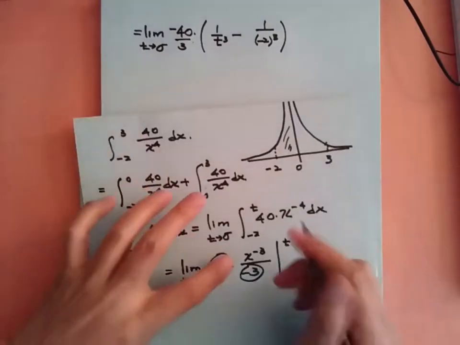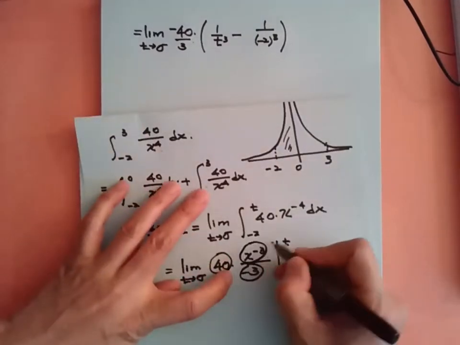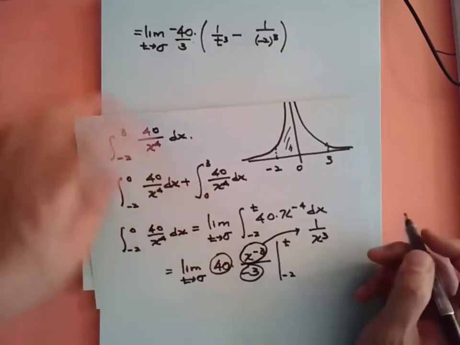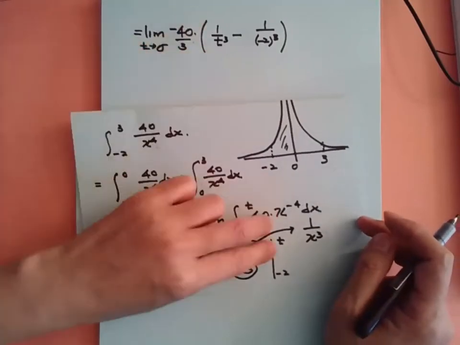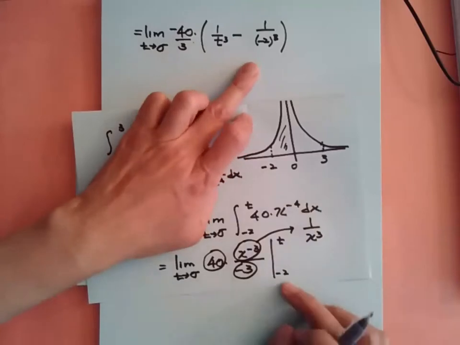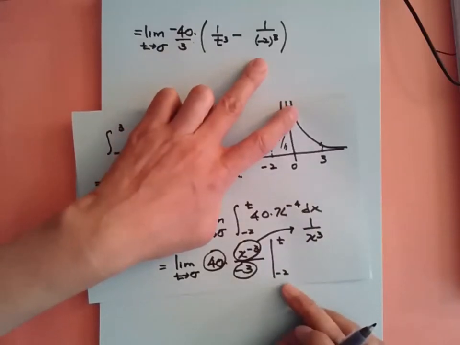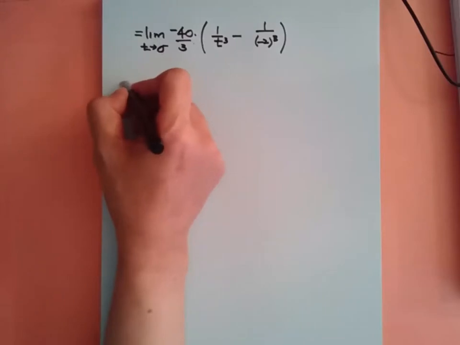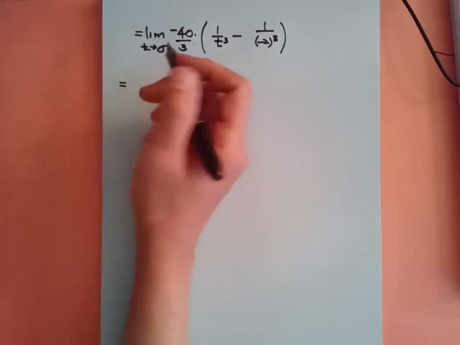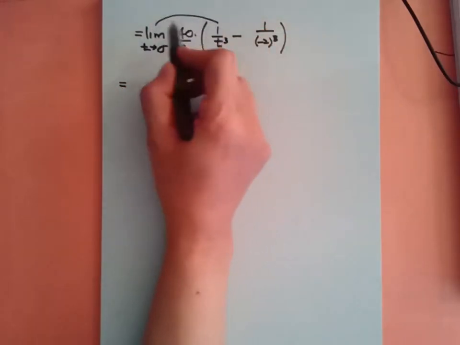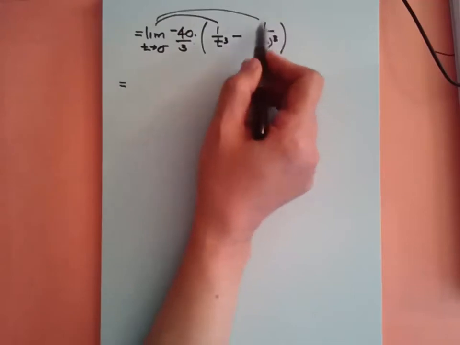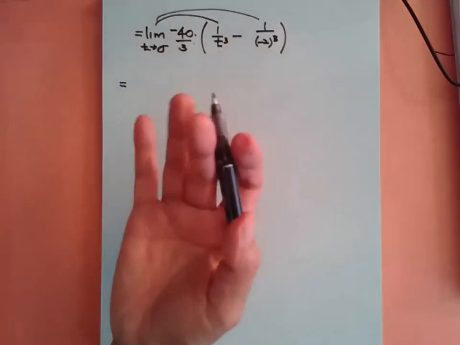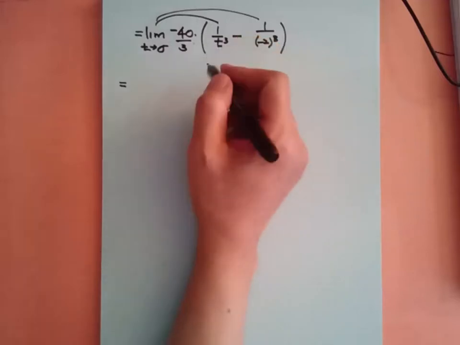What I did here is x to the -3 power is 1 over x cubed, right? And so it is t cubed, and then I plug in -2 for the lower bound. So we are applying the limit to the first one and the second one. The second one is a number and is not involved with t, so we don't have to care about that.